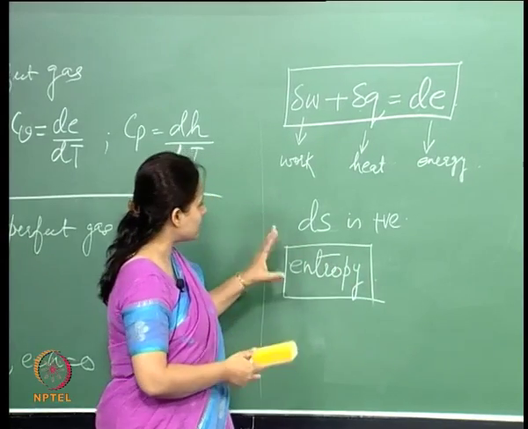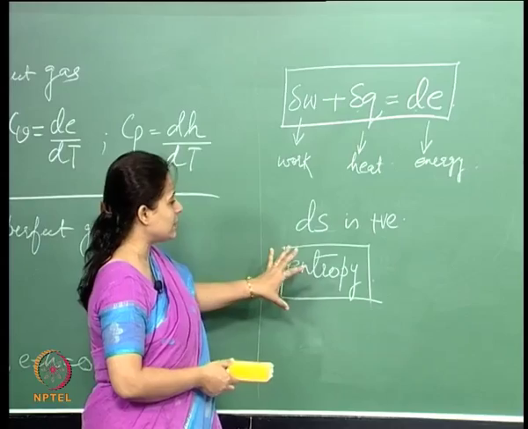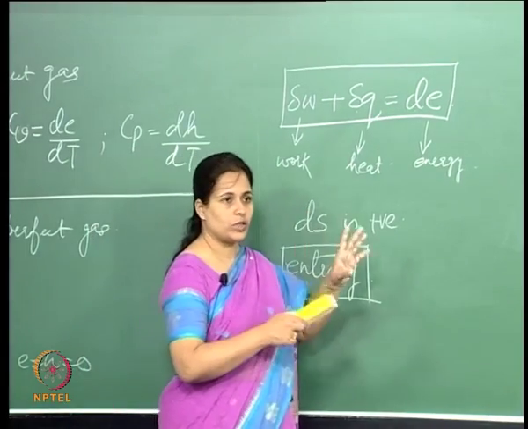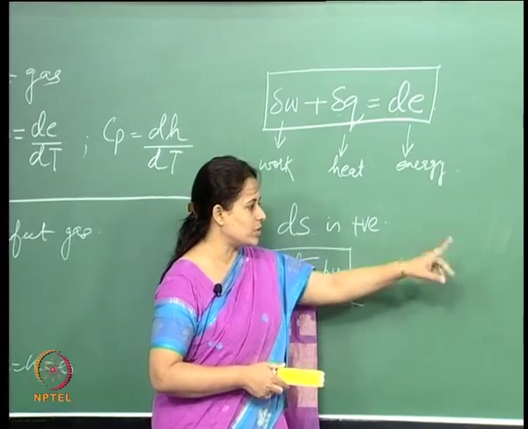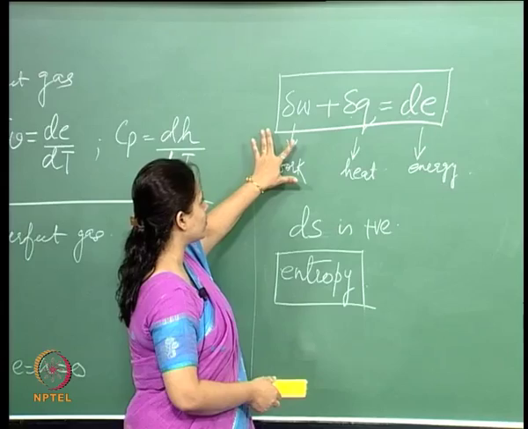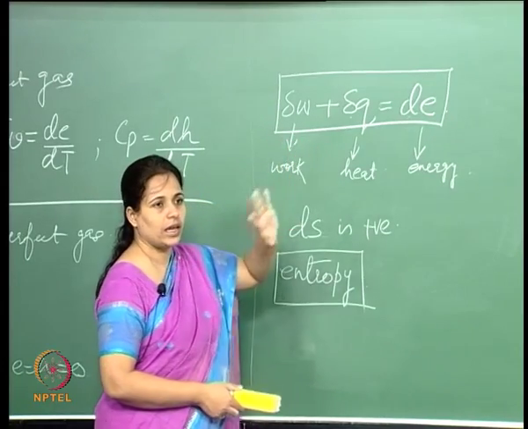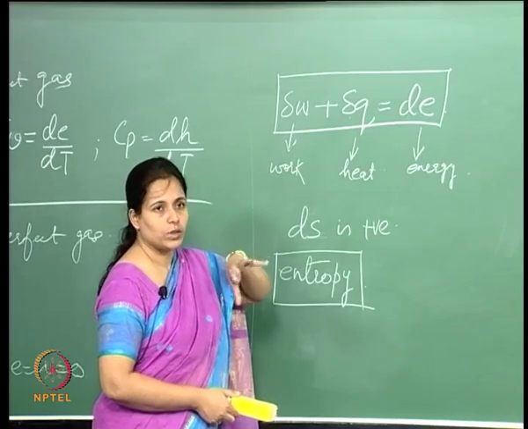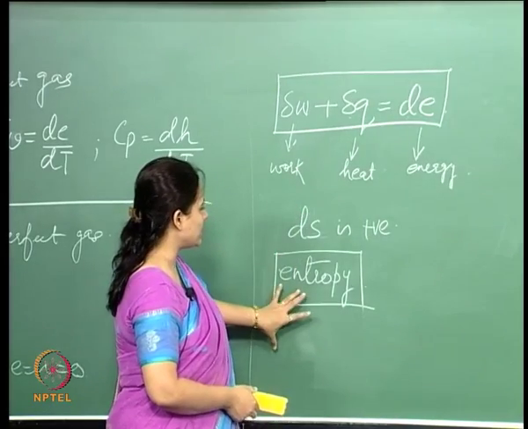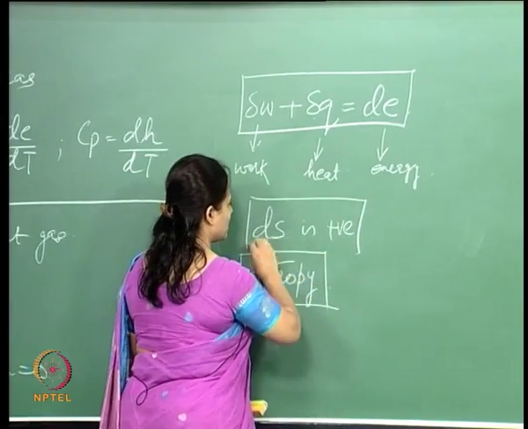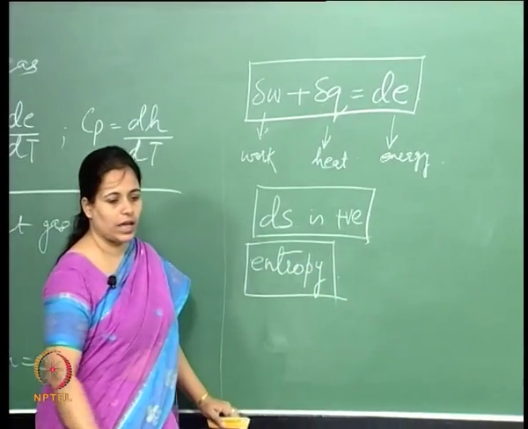This is the second law of thermodynamics, and this gives us a condition which should be adhered to when the system is proceeding. Unlike the first equation, which does not really give us any clue as to in which direction the process should be proceeding, that is given by the second law of thermodynamics, that is the concept of entropy.